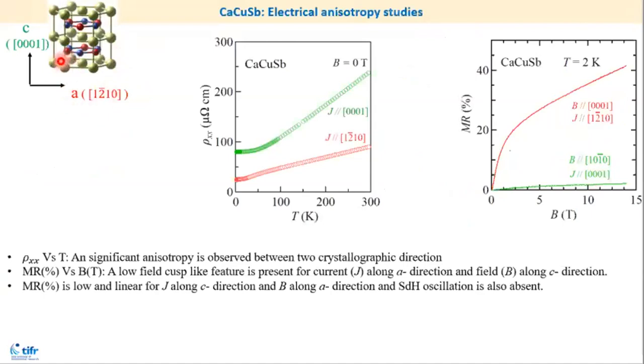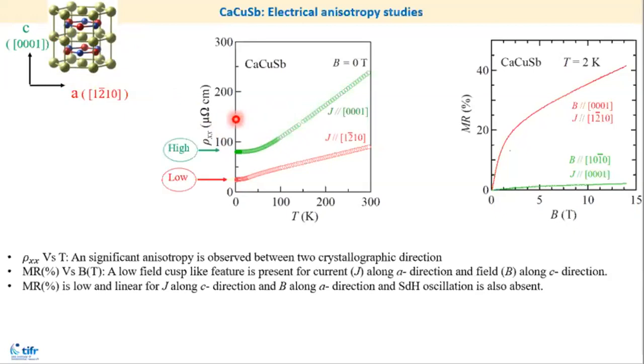As I explained, in the AB plane you have this metallic layer and the insulating calcium layer, and along the C direction we measured the resistivity along the C direction and along the A direction. Along the A direction the resistivity is quite low, but along the C direction, as it has the insulating layer along the C axis, the resistivity increases. So this anisotropy is very clear from the resistivity data.